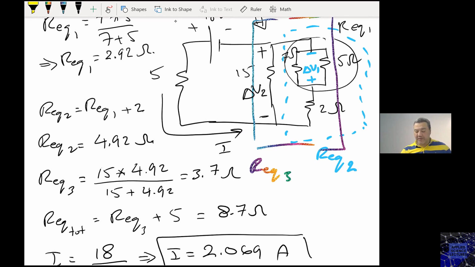If I divide this delta V2 by R equivalent 2, I get the current that goes in here. Let me call this one I2. By multiplying the total current with R equivalent 3, I got delta V2. Since this delta V2 is across R equivalent 2, if I divide delta V2 by R equivalent 2, I get the current I2.